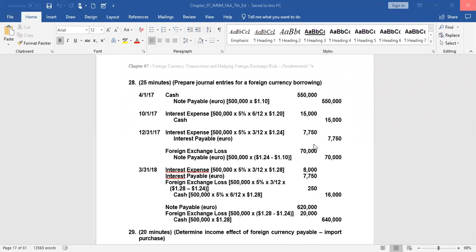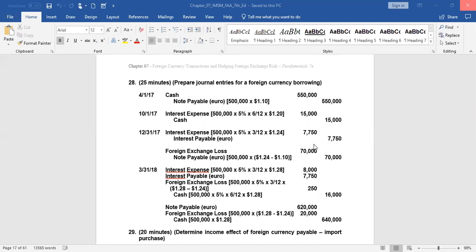Multiply that 14-cent difference by 500,000. So we would actually end up with a foreign exchange loss because we would have paid back more than 70,000 more than we actually received in terms of US dollars. Not in terms of euros, but US dollars. So we're going to debit a foreign exchange loss account, which goes on our income statement, and credit our notes payable because we would be paying $70,000 more.